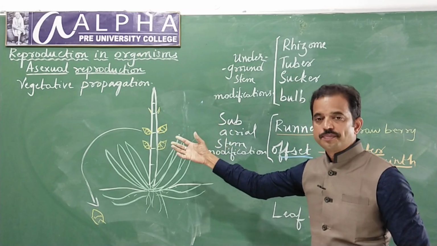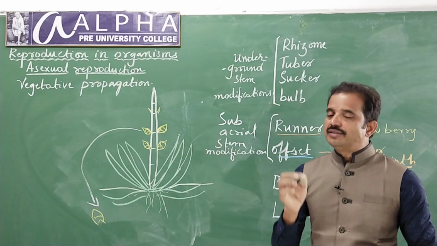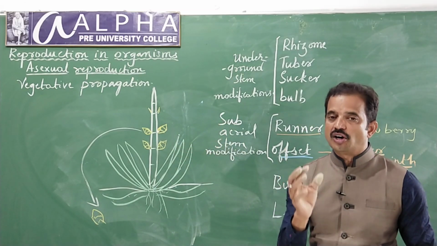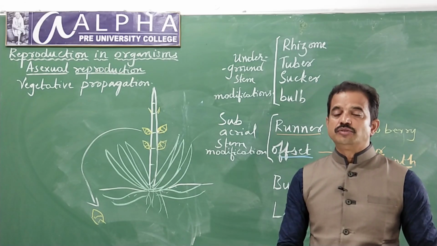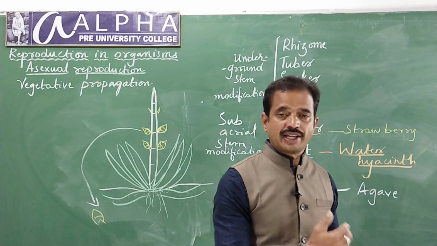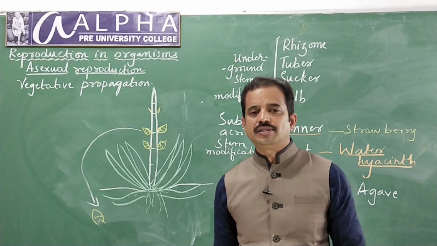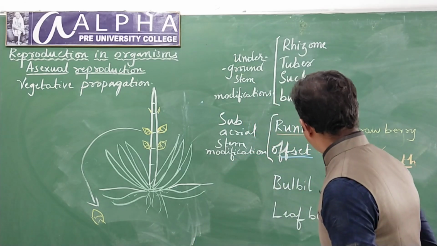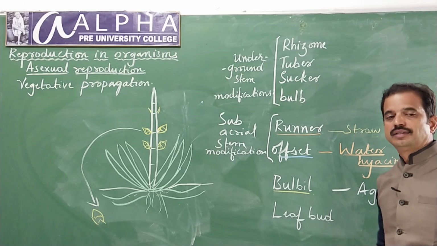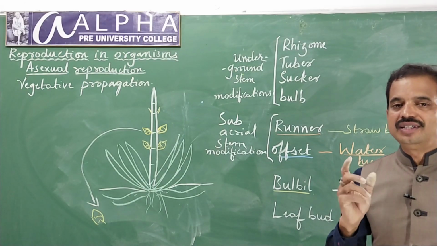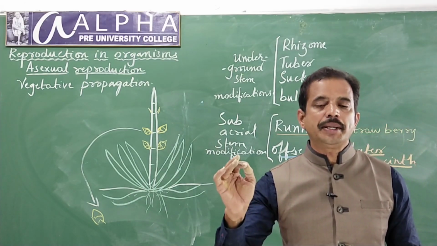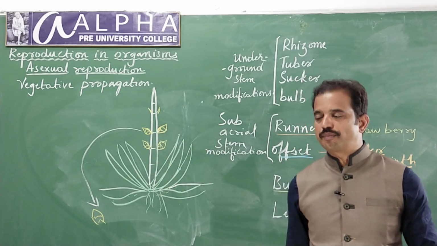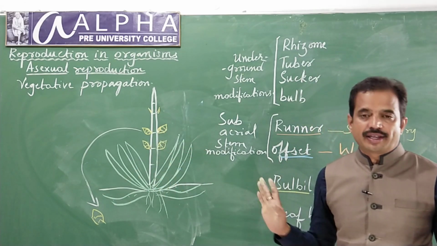The axillary bud is fleshy and bulbous, and this fleshy, larger axillary bud, which helps the plant like agave in vegetative propagation or asexual reproduction, we call a bulbil. So what is a bulbil? Bulbil is a fleshy axillary bud which acts as a vegetative propagule in plants like agave.